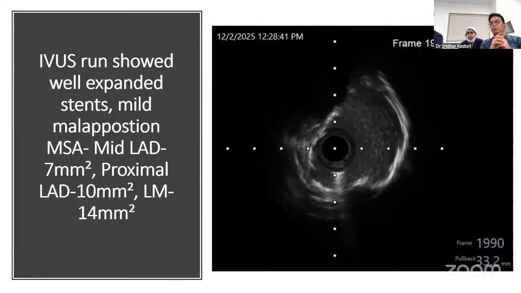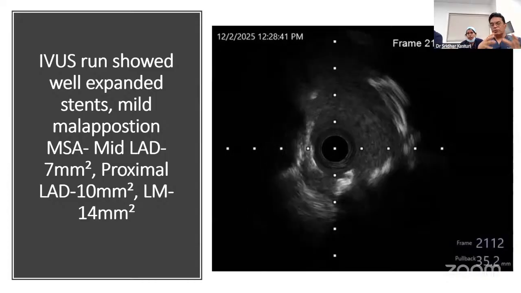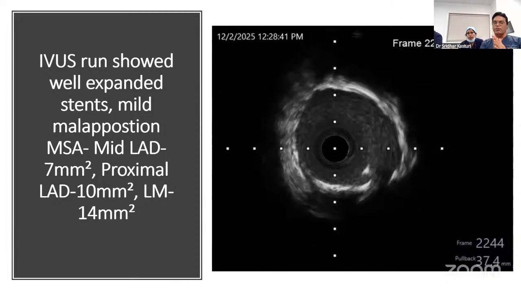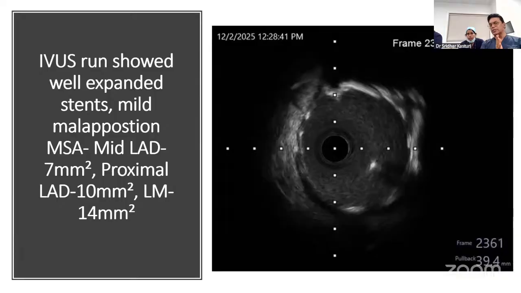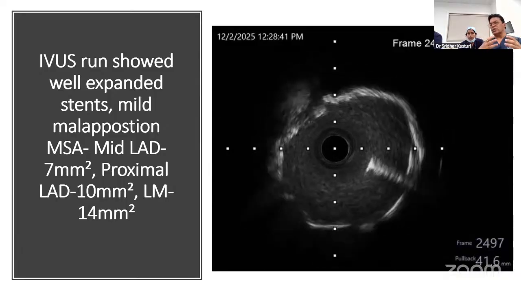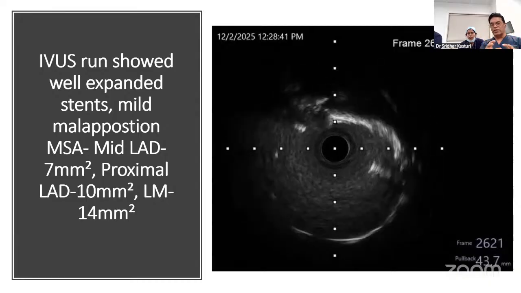That means bigger is better, provided it is within the limits of the vessel wall. That is the reason left main is always a big area. If you are getting more than 10, that's fine. But if you achieve even 14, 15, 16, don't hesitate, provided it is within the limits of the vessel diameter. So take an adequate size and expand it very well.